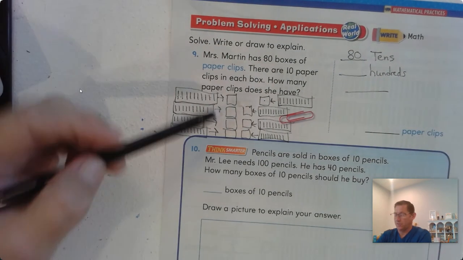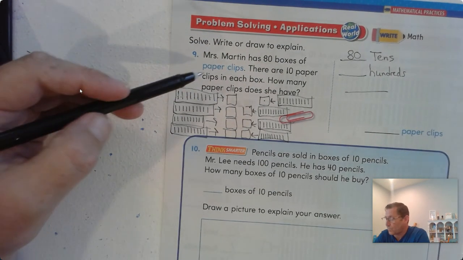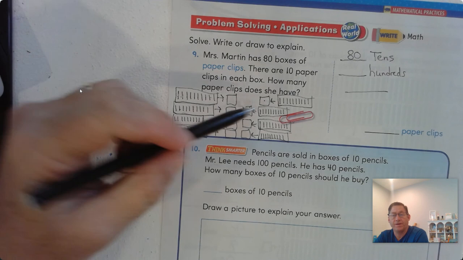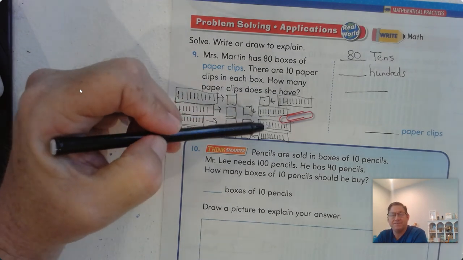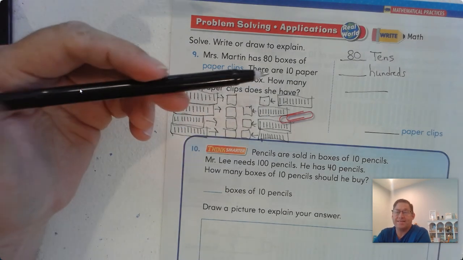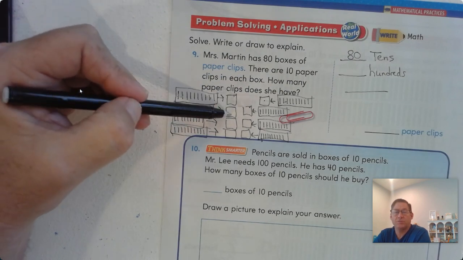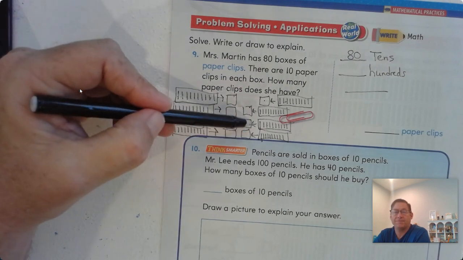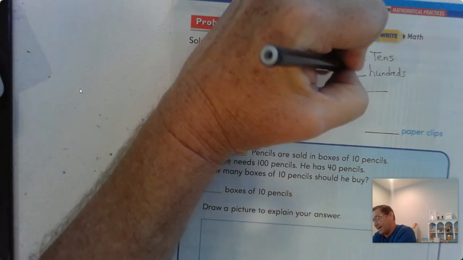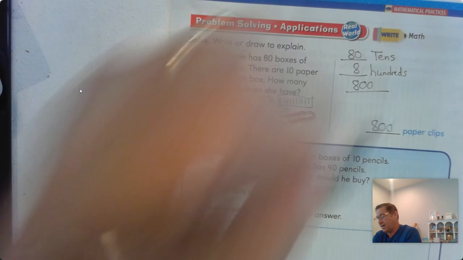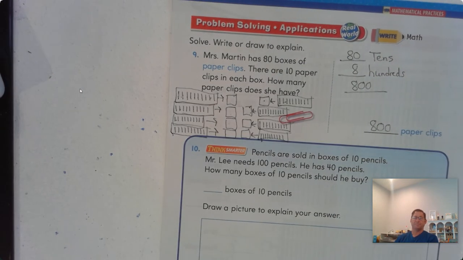Okay. So we had 80 tens. Let's double check and make sure we have 80 tens. 10, 20, 30, 40, 50, 60, 70, 80. All right, so 80 tens, and every set of 10 tens can be traded for 100. 1, 2, 3, 4, 5, 6, 7, 8. 800. So she has 800 paper clips.